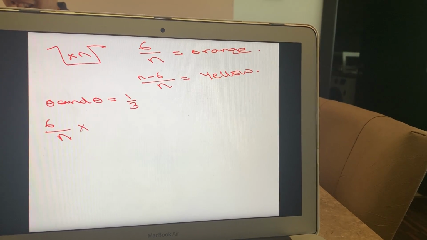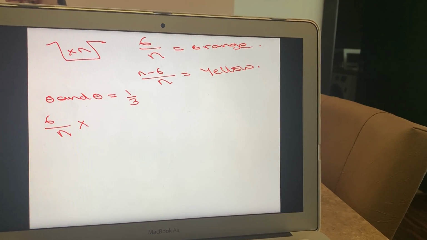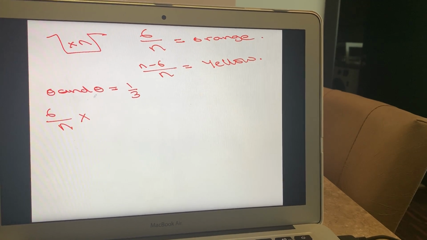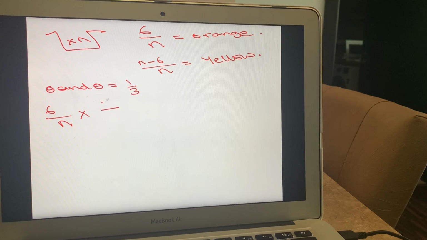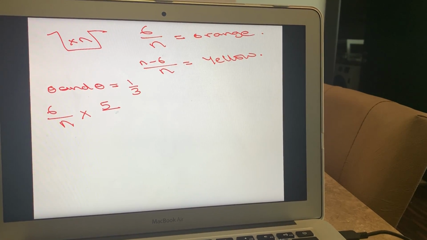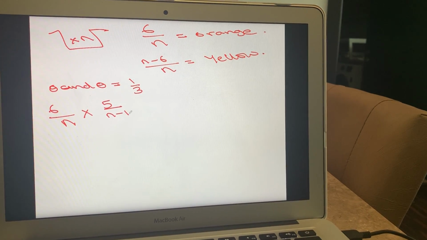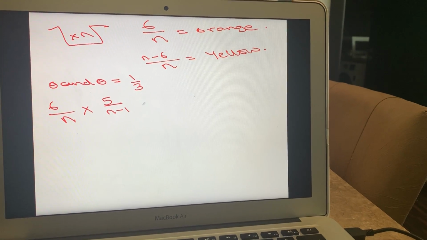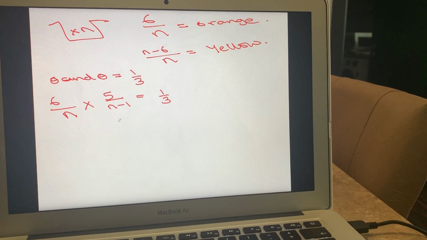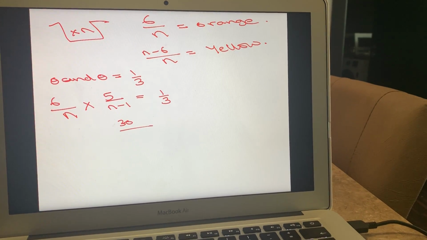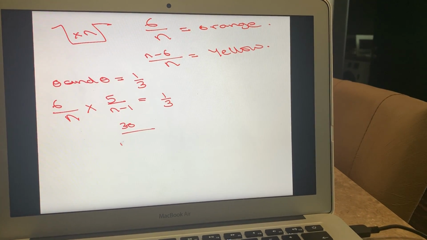And "and" means to multiply. The second orange sweet: she's picked out the first one, she's eaten it, so actually there are only 5 remaining. And the total is now n minus 1 because she's eaten that one orange sweet. Now I'm just going to multiply. That's 30 over n squared minus n.